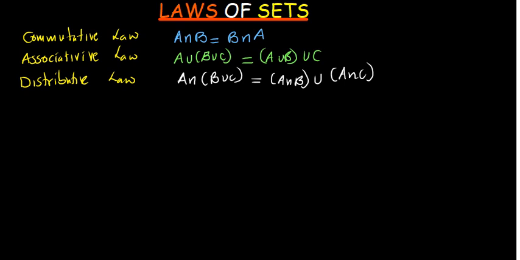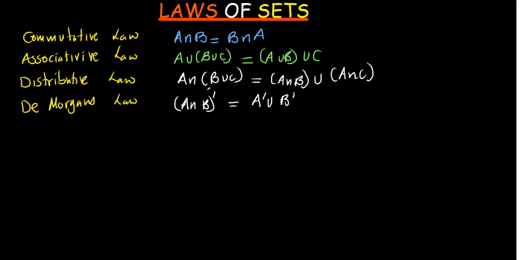And then the other one you are expected to prove is De Morgan's law. De Morgan's law is just a law of distribution. When you've got A intersect B complement, this is the same as A complement, and then the sign changes to union, and then B complement.